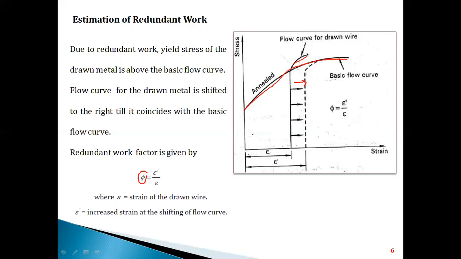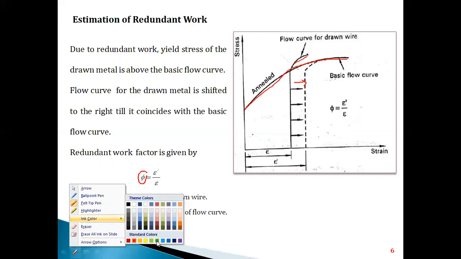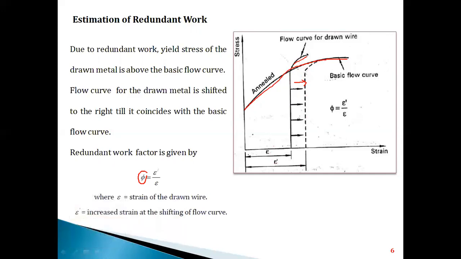Initially it was the strain of the drawn wire, then the increased strain is epsilon dash due to the shifting of the flow curve. Once the flow curve for the drawn metal is shifted to the right, it coincides again with the basic flow curve at this particular point.